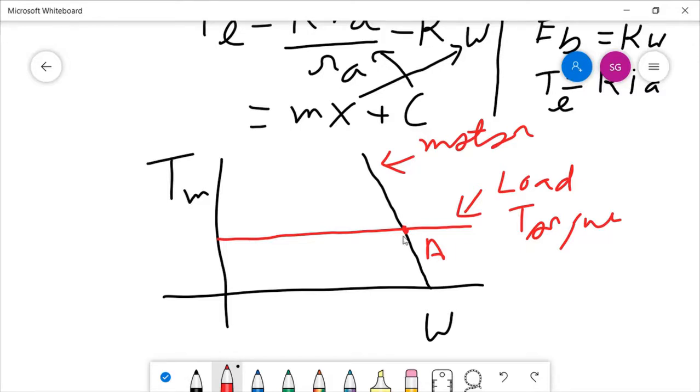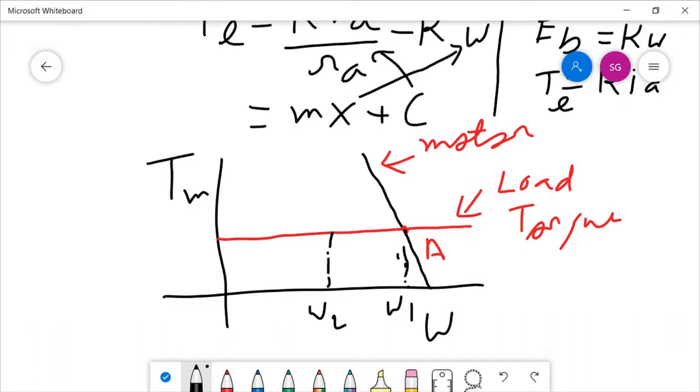If we want to run this load at a different speed, here this is omega 1. Now we want to run this load at half of omega 1, which is omega 2.